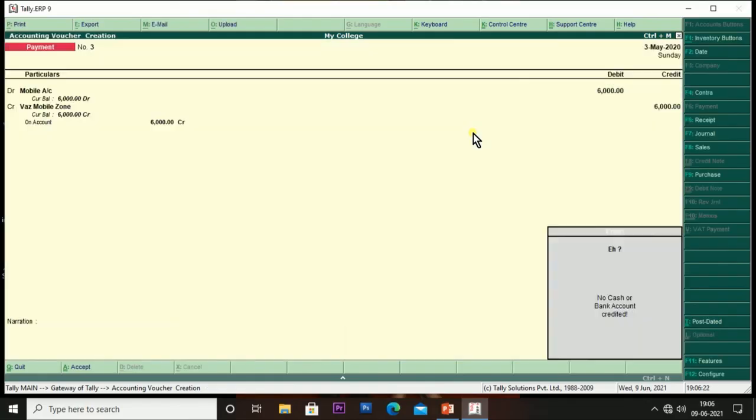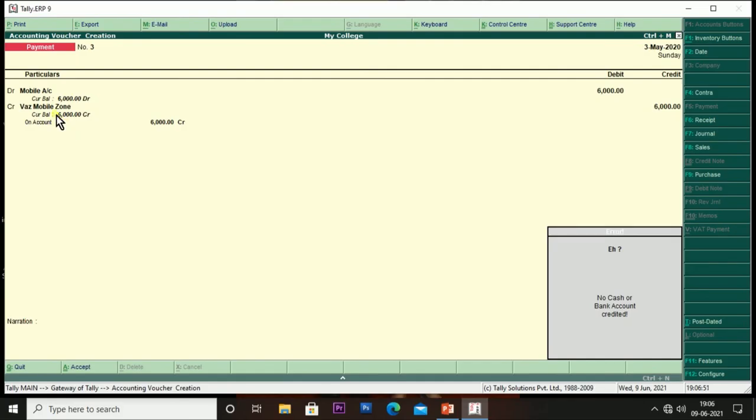It's not possible to save, and it shows an error: no cash or bank account credited. That means it is a non-cash transaction. There is no cash on the debit side and no cash or bank on the credit side. On any one side there must be cash or bank, and only then can we take payment or receipt.